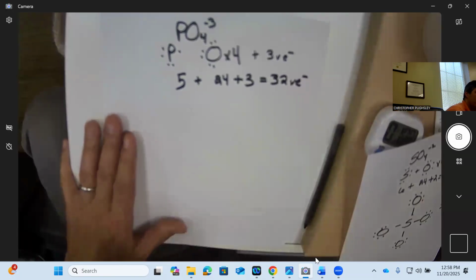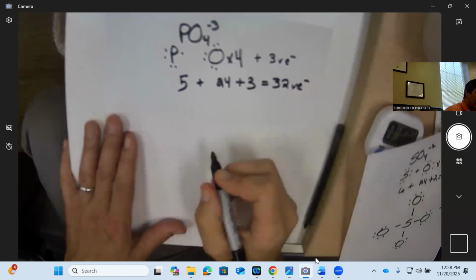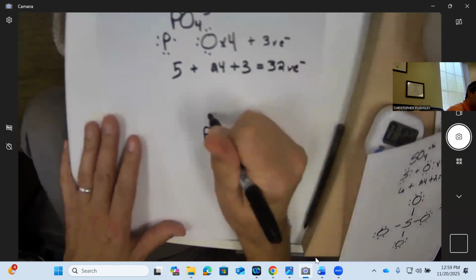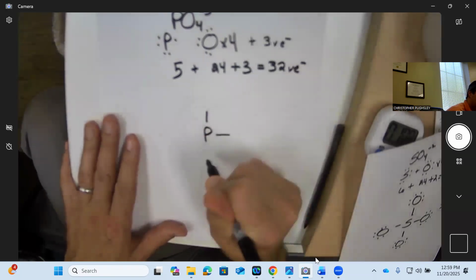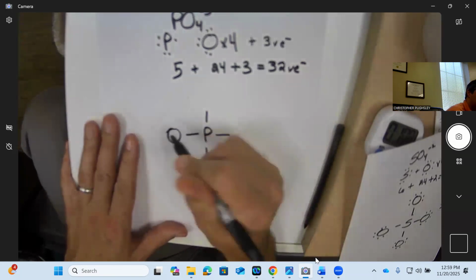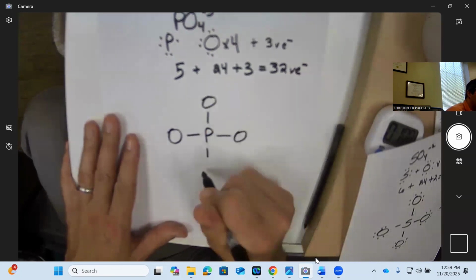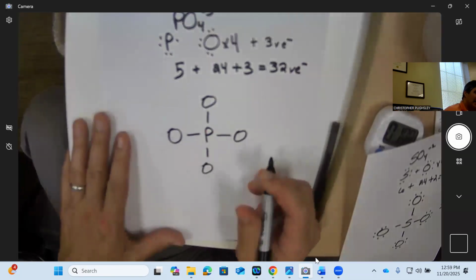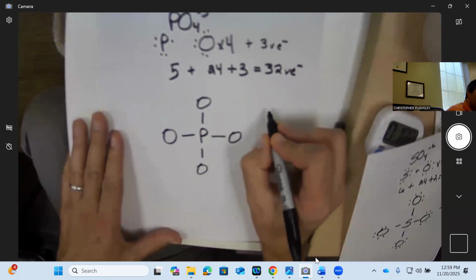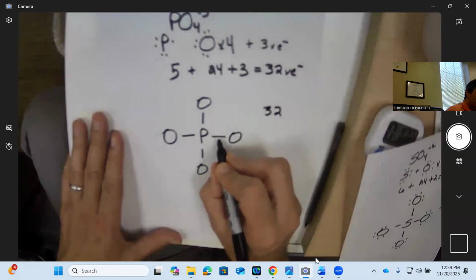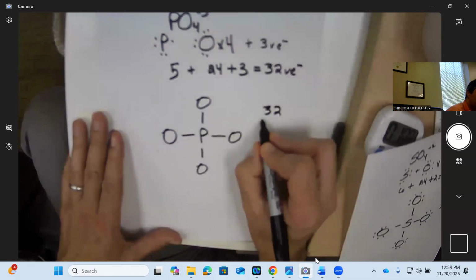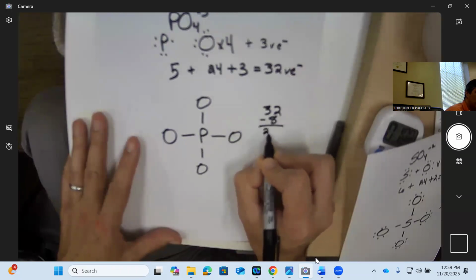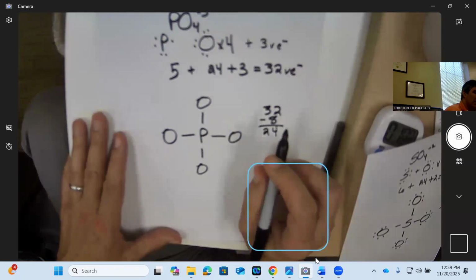All right. So first thing, we're going to put that phosphorus atom in the middle. Then we're going to surround it with oxygens, with single bonds. We always start off with single bonds. This is trial and error. That's what this is called. All right. Single bonds. So 32 minus 2, 4, 6, 8 gives me 24.